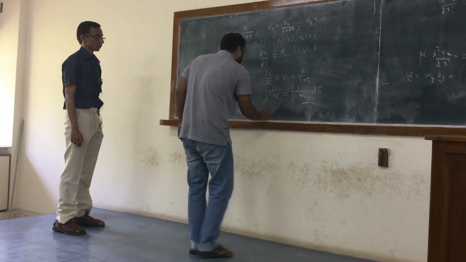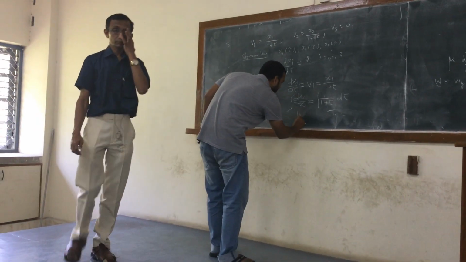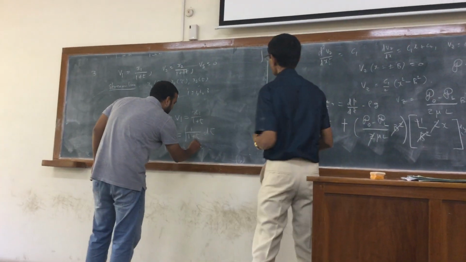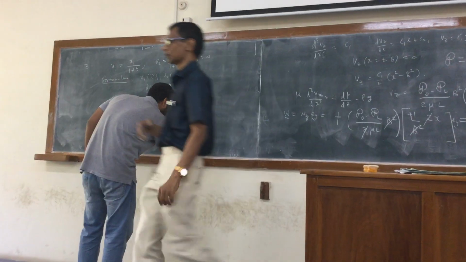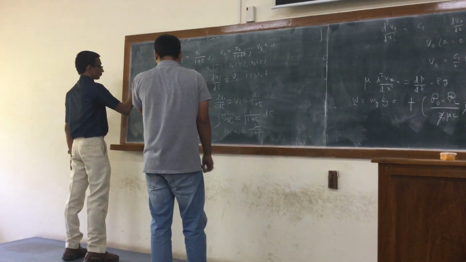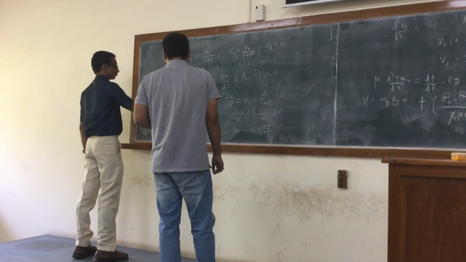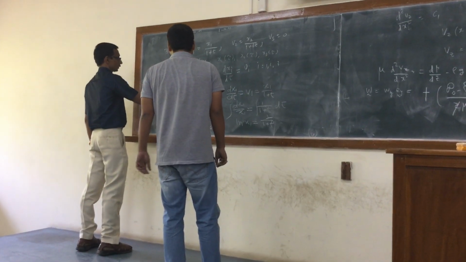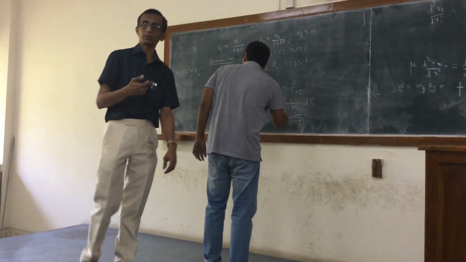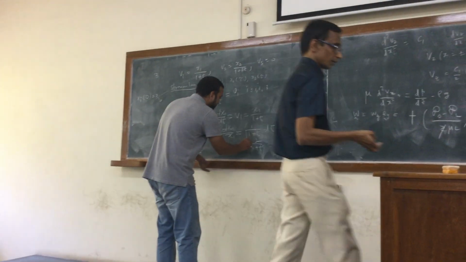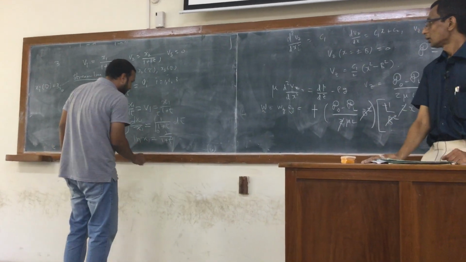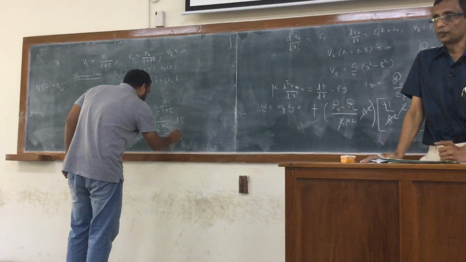Good. Log x1. You can choose a particular condition, a parametric condition. So I put x_i of some tau naught, let's make it 0 for convenience, equal to x_i naught. So we can integrate from tau equal to 0 to whatever value of tau we want.